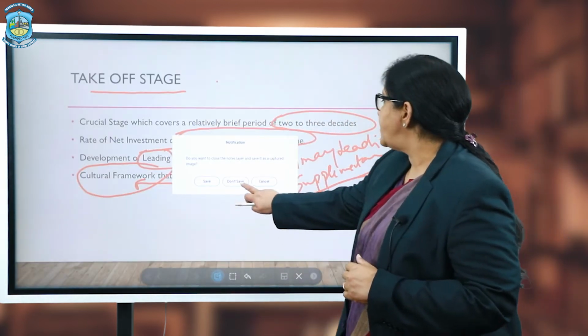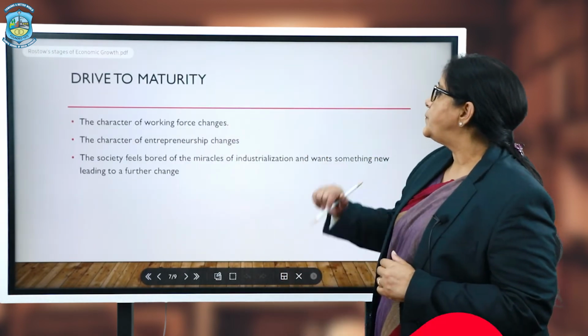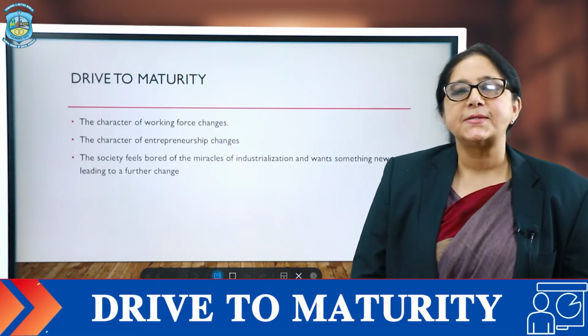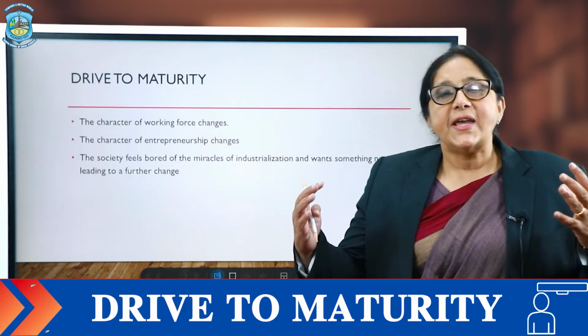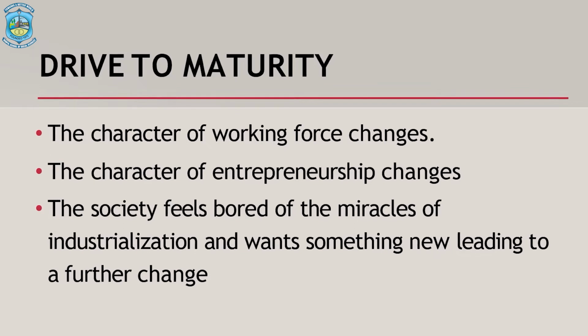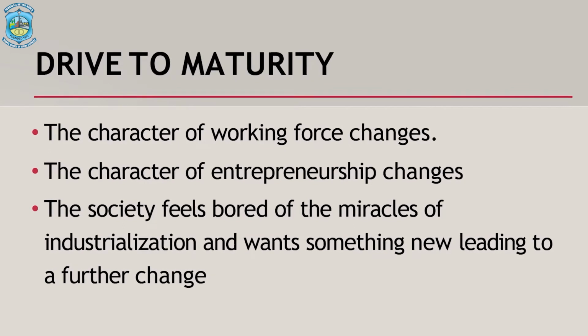After the takeoff stage comes the next stage, that is the drive to maturity. The fourth stage of Rostow's stages of economic growth is the drive to maturity. In this, there is change not only in the working class and the ruling class, there is a societal change that is observed.